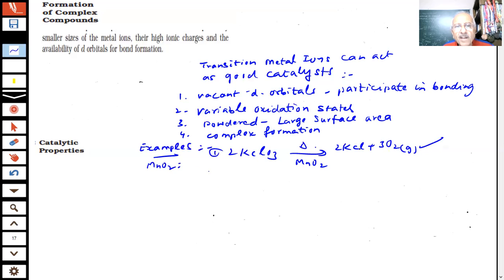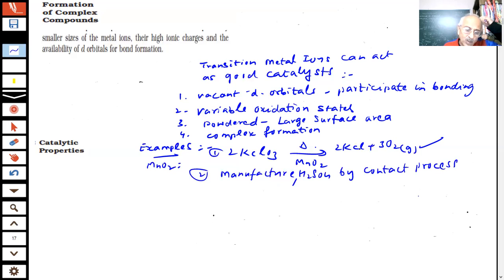And you are aware of the manufacture of sulfuric acid by the contact process. Which catalyst is used in this process, students? V2O5. What do we do in the contact process?